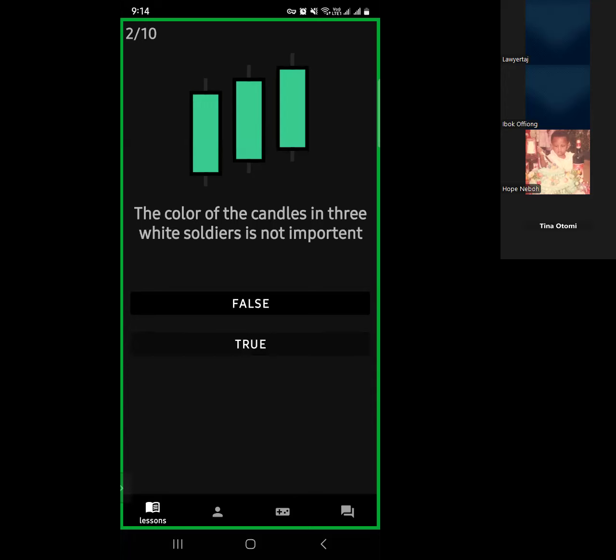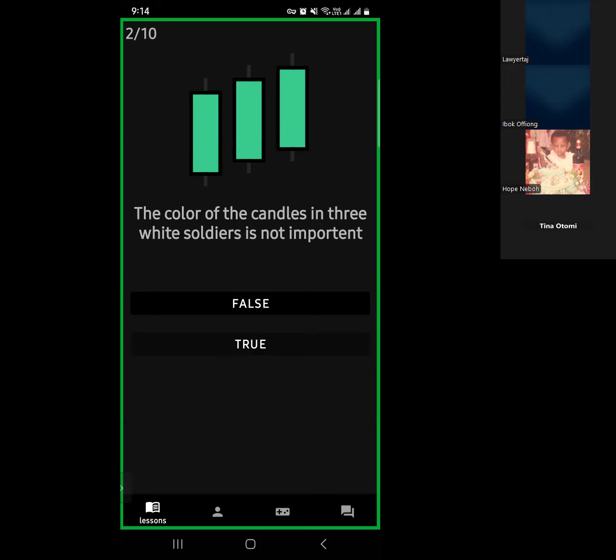Is it true? Say the color of the candles. It's true, because the same thing can be red though.